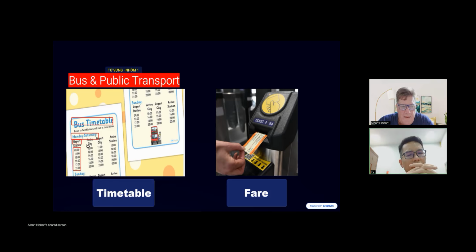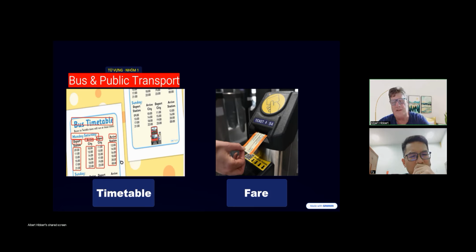And then you will see arrivals. You will see the time that the bus will arrive at the next city, and then it will depart from that same city at that time, and then it will arrive at the next city at those times.